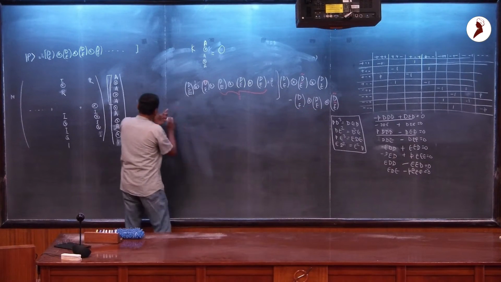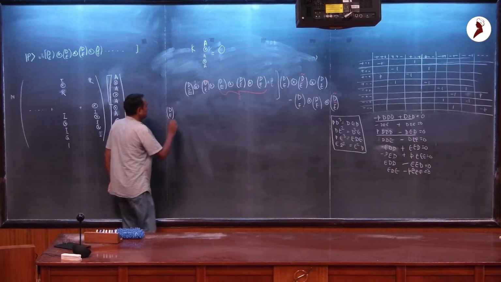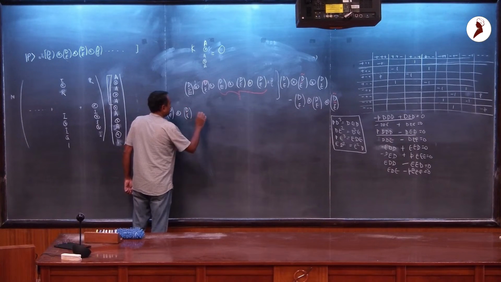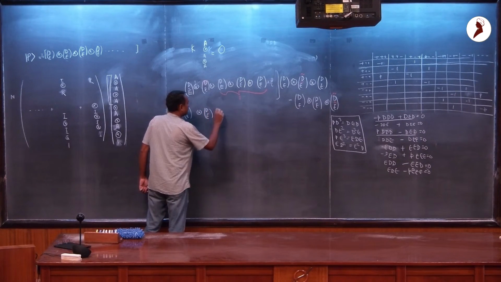So what is the first term you get? Let us write it someplace. DE, first one we leave. Let us operate on DE, and let us say cross DE cross DE.